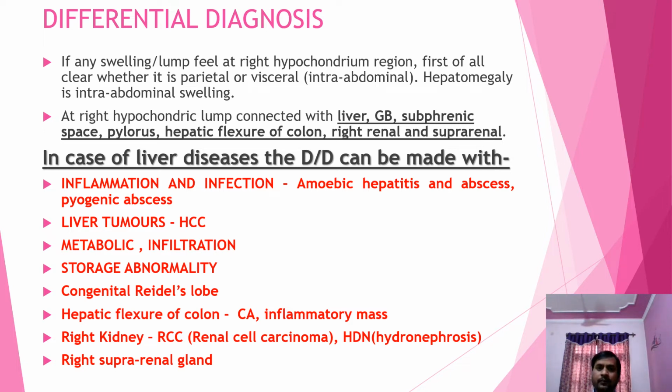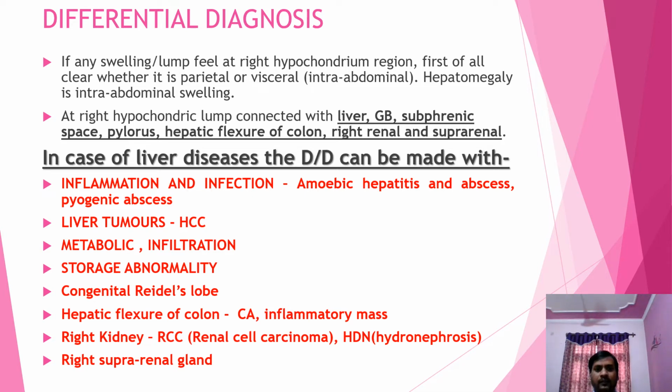Right hypochondrial lump may be connected with the liver, gallbladder, subphrenic space, pylorus disease, hepatic flexure of colon disease, and right renal and suprarenal diseases.